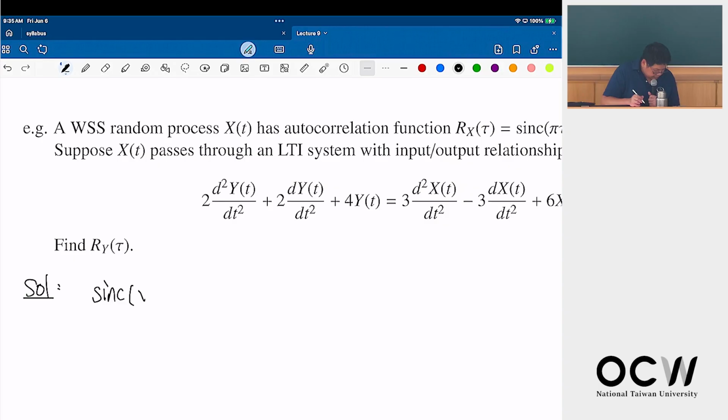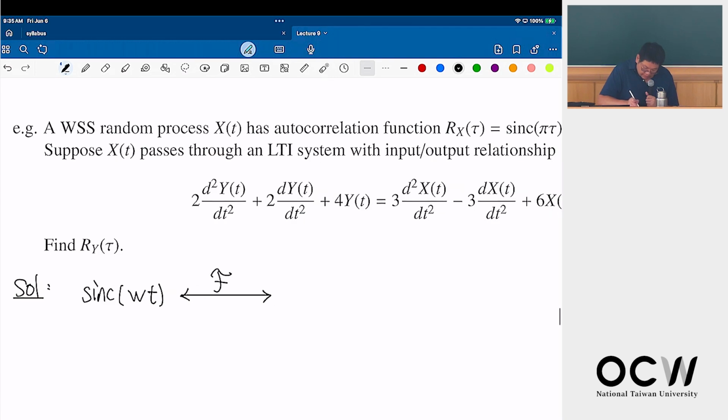sin(WT) over WT. If I take the Fourier transform, actually that's pi over W. It's a rectangular function.